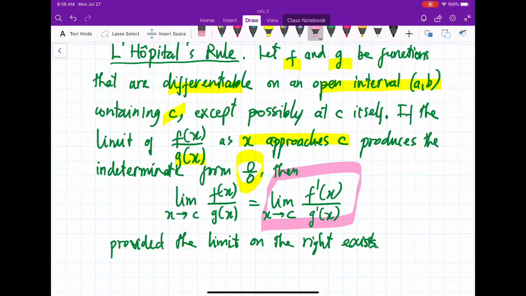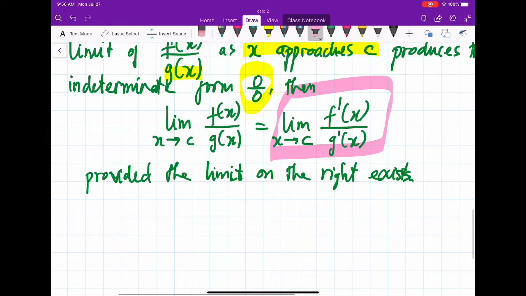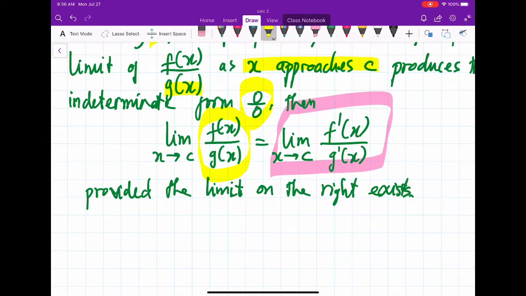So what does it say? It says, instead of finding the limit of f over g, if you have the form 0 over 0 or infinity over infinity, you might think you need to find the limit of the quotient of derivatives. Okay? Of course, we have some conditions like f and g are differentiable, but in this course basically all functions will be differentiable, right?